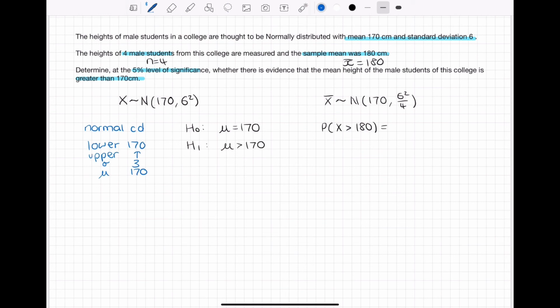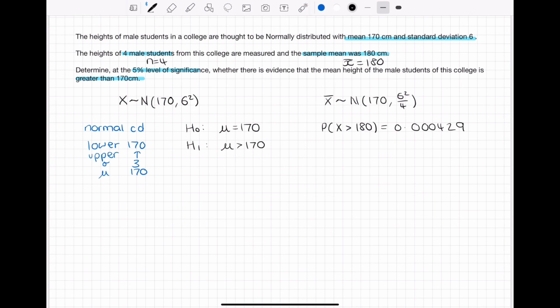Sigma is 3, and that was 6 divided by the square root of 4. And our mu is 170. If you put all of these values in to calculate the probability that x is greater than 180, we get 0.000429.